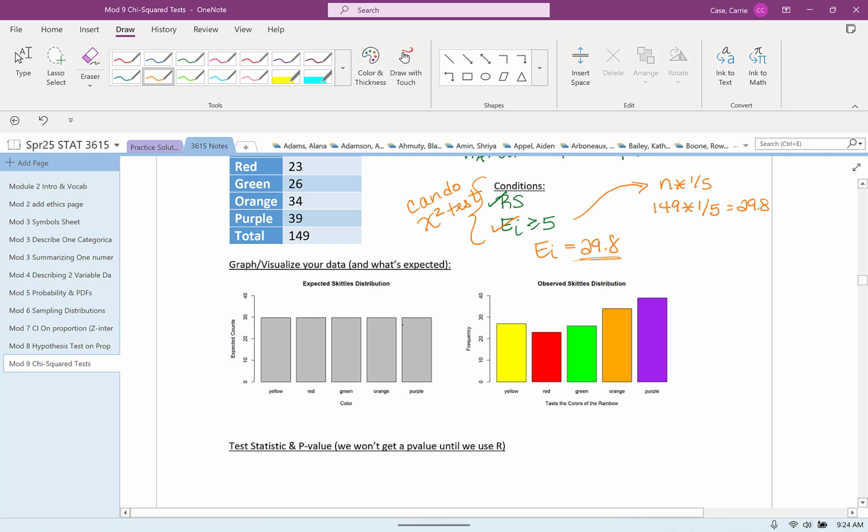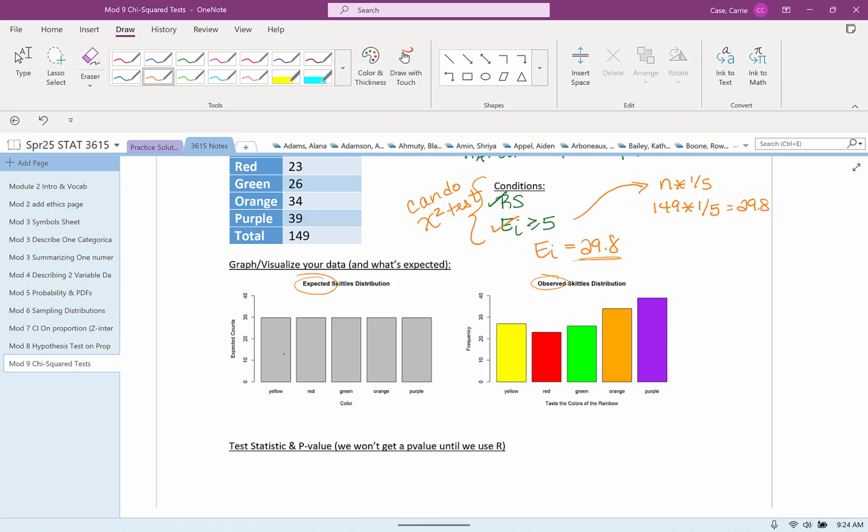And I graph this data, and I typically use gray for my expected distribution. And then my observed or sample data, I use actual colors. In this case, I used each of the colors of the rainbow reasonably. You wouldn't typically use this many colors on a graph, but with Skittles, I think that's reasonable.